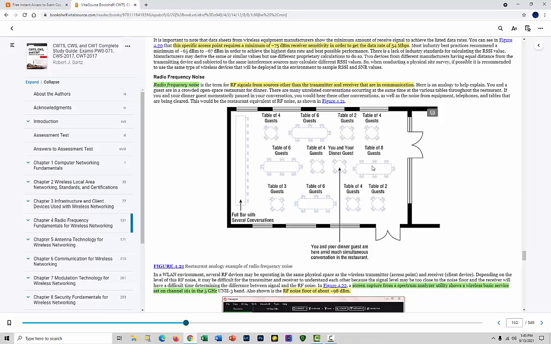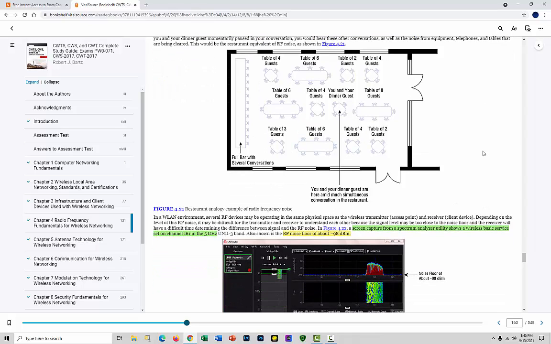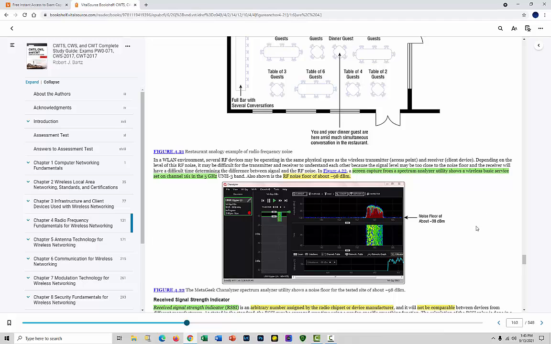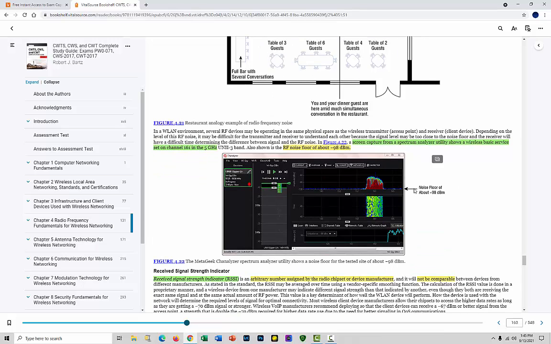The other noise in the area from equipment, power sources, microwave ovens, and all the things that can cause noise generate another signal. So what this is here is a spectrum analyzer that shows you graphically some of the noise in the area where you're measuring your output, and there needs to be enough separation between that noise floor and the signal you're receiving to get a good transmission.